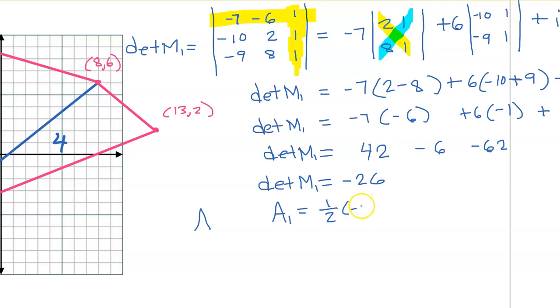Okay, but see how this is a -26? Areas cannot be negative. So if you get a negative determinant, just go ahead and put a positive number. All right, and that is going to give us the area of the first triangle. So the area of the first triangle is 13 square units.